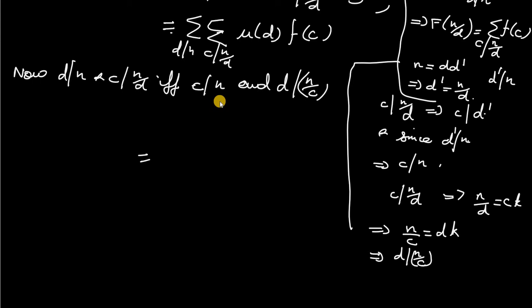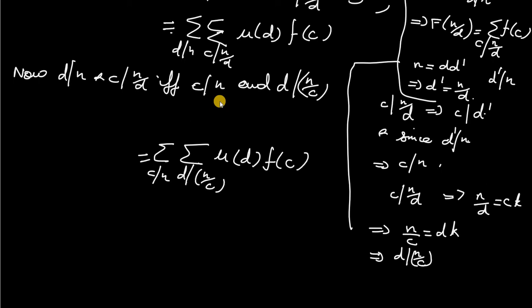This will change: d divides n, I'll replace it by c divides n, and c divides n upon d, I'll replace it by d divides n upon c. So the above summation now becomes the summation over c divides n and d divides n upon c of mu of d into f of c.